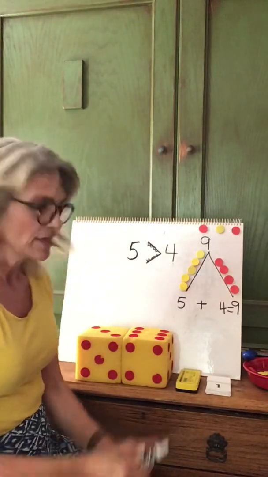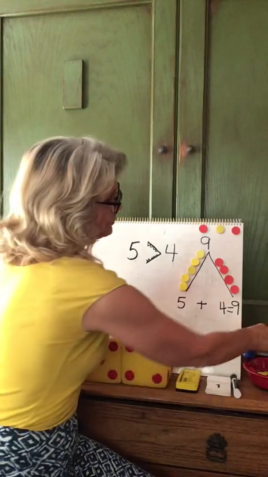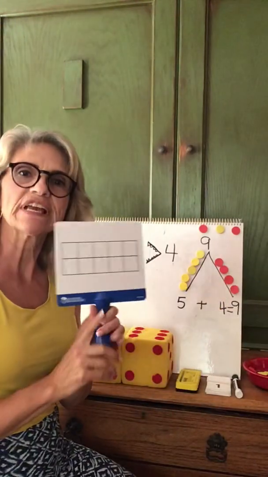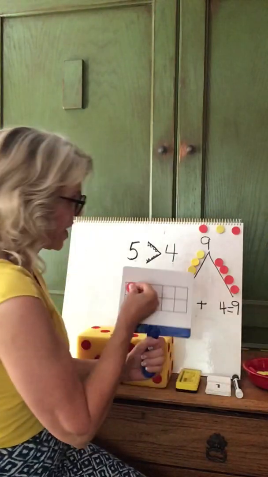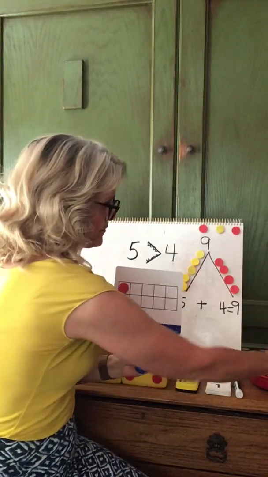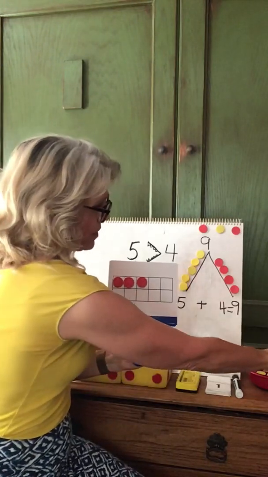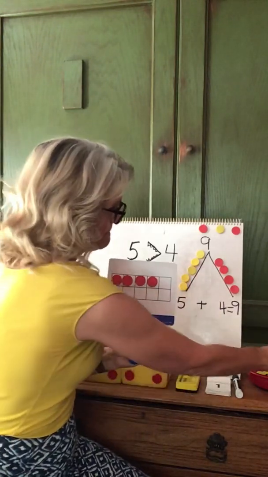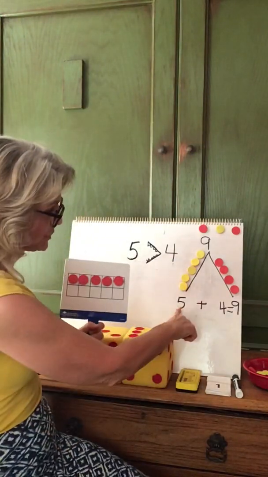All right. So let's think of another way to look at that. So look at this cool ten frame. So I'm going to go ahead and put 1, 2, 3, 4, 5, a whole 5 finger on top. That was the first number.